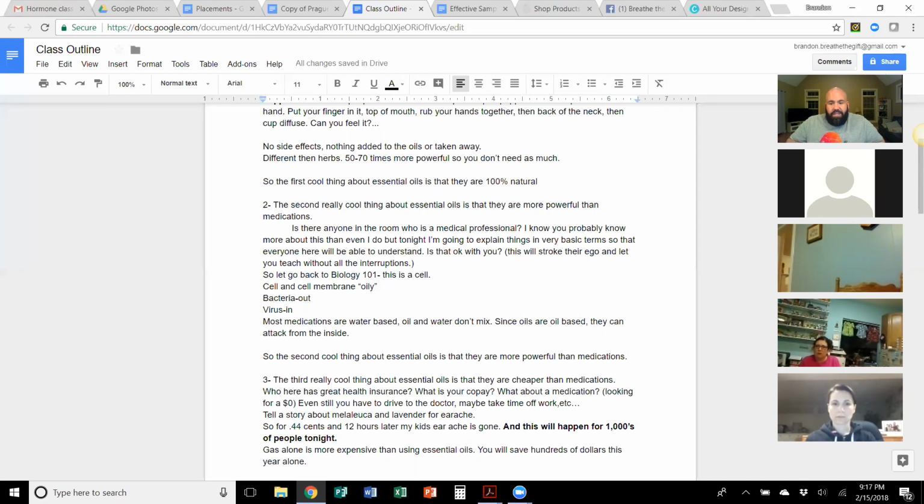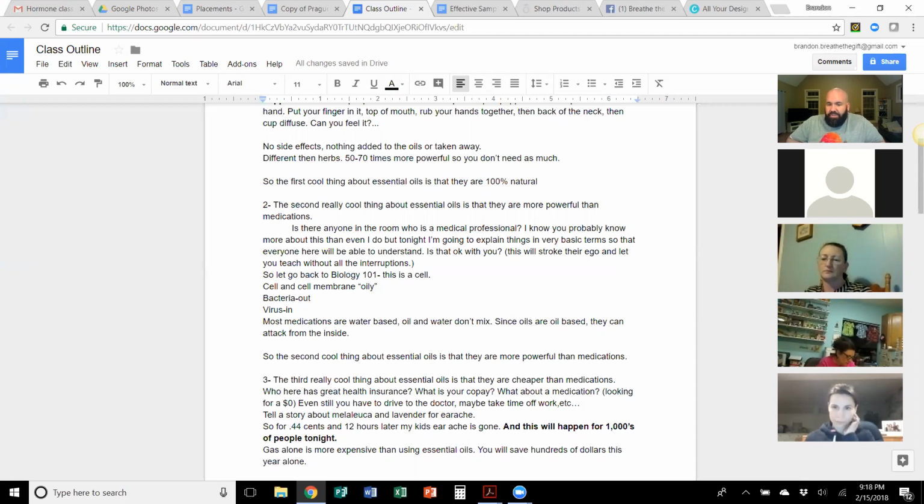Whereas, because the oil is an oil, it will be able to get in through that membrane and take care of the viruses on the inside, as well as be extremely effective on the bacteria on the outside. So that's the second really cool thing about essential oils, is that they are more powerful than medications because they can take care of a lot more than just a medication can.